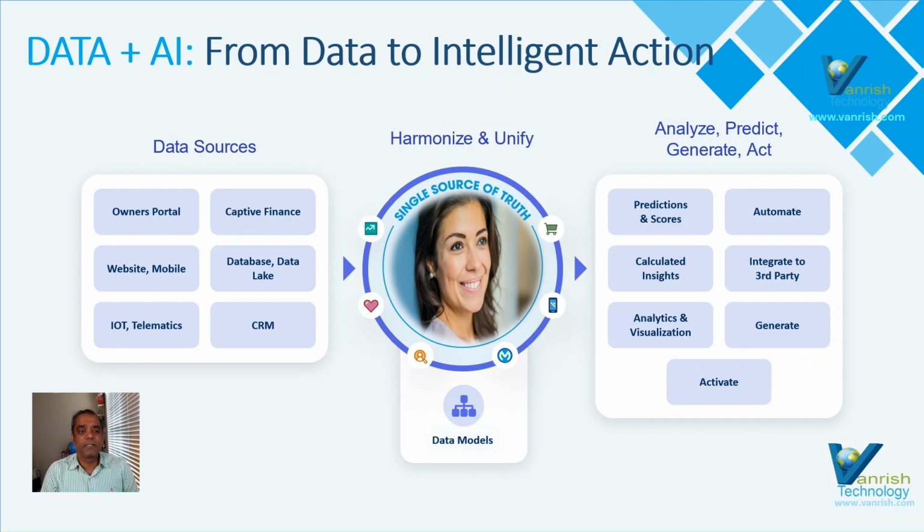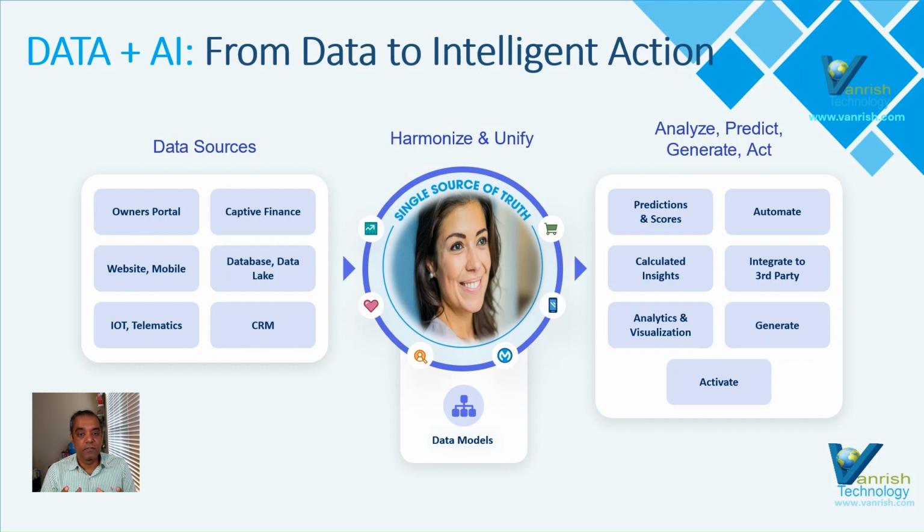Now, another thing is how data plus AI works in the Data Cloud environment. If you notice, the left-hand side is the data sources. Data is coming into Data Cloud from the owner portal, captive finance, any financial system, website, mobile, data lake, database, IoT telematics, CRM. Data is coming from any of these places into one place, and you are harmonizing and unifying this data through the data model.